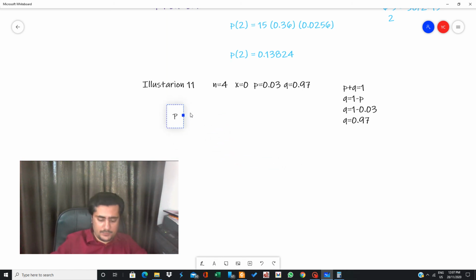Now P of x is NCX, p raised to x, q raised to n minus x.